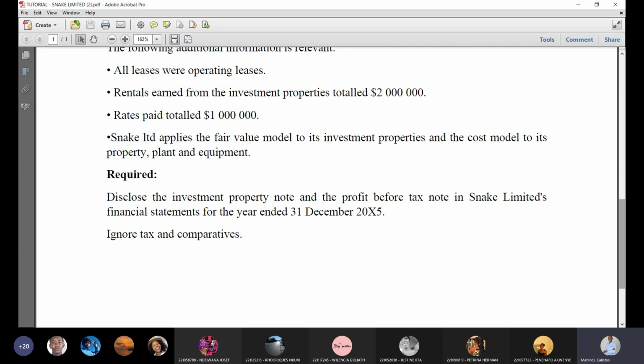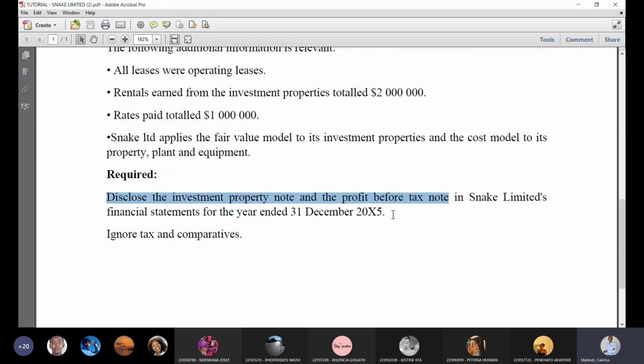Once you read the scenario, the requirement states: disclose the investment property note and the profit before tax note. So there are two notes that we have to disclose here, in Snake's financial statements for the year ended 31 December 20x5.